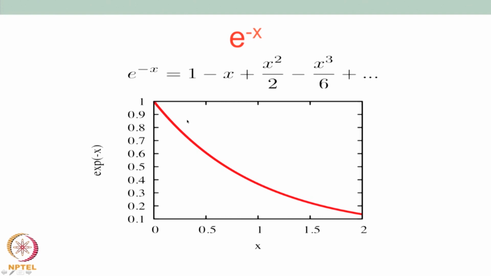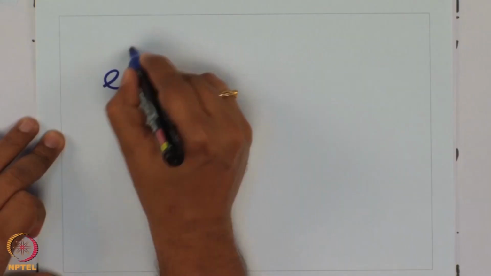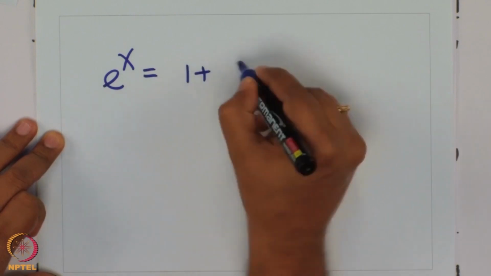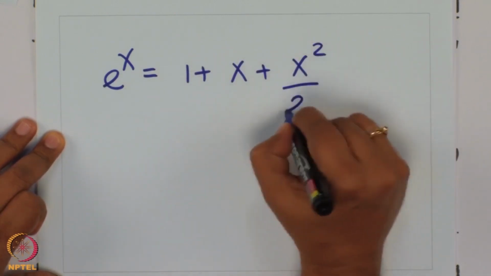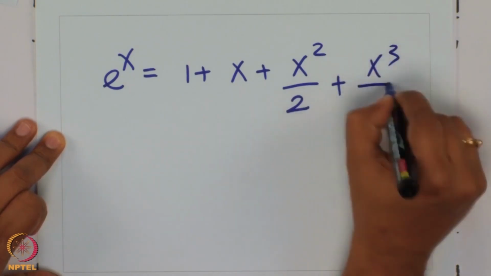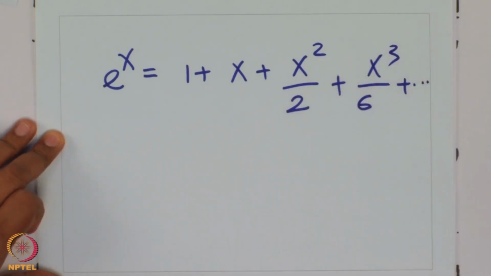We wrote that y for e power x is e power x, and e power x we wrote as 1 plus x plus x square divided by 2 plus x cube divided by 6 plus dot dot dot.